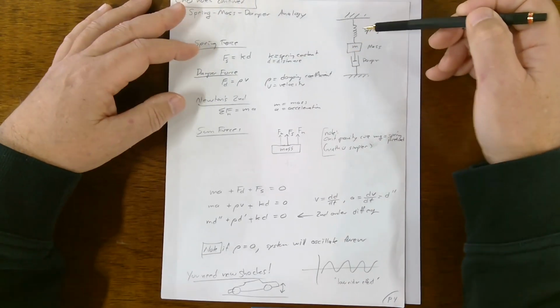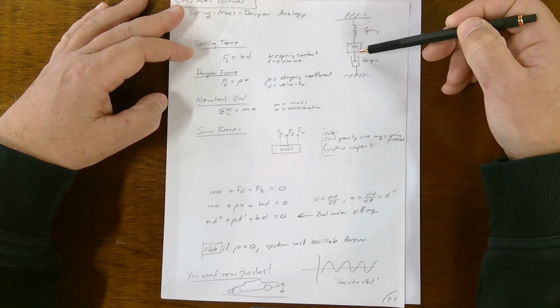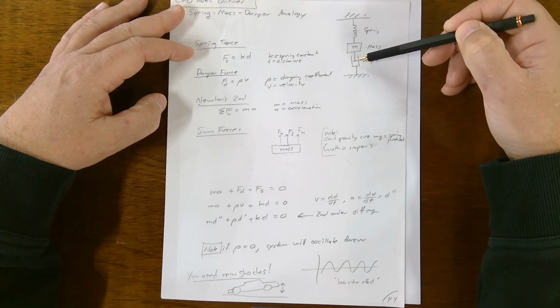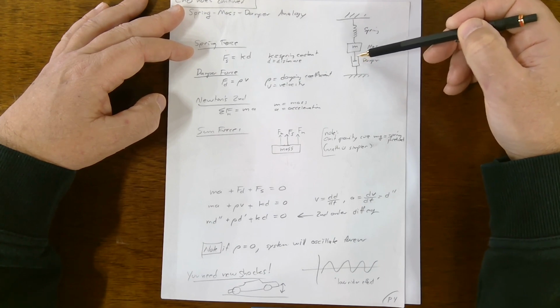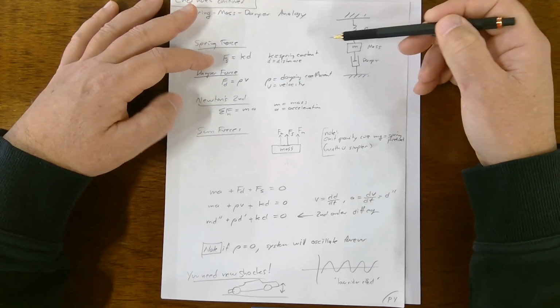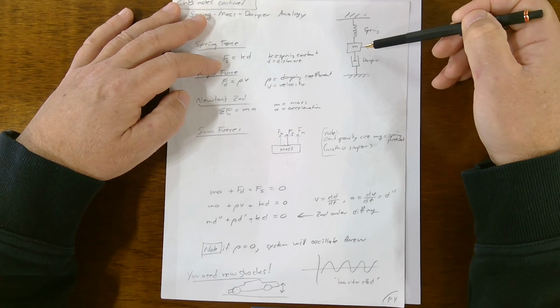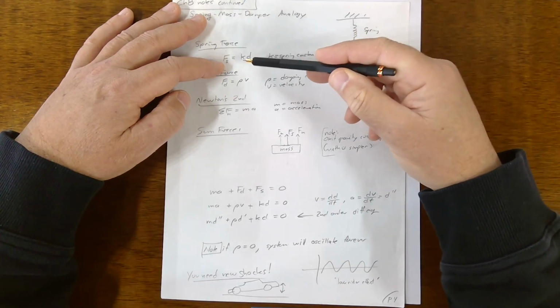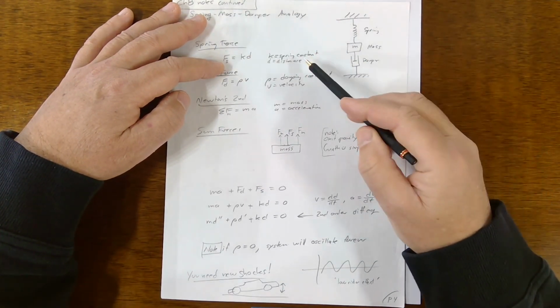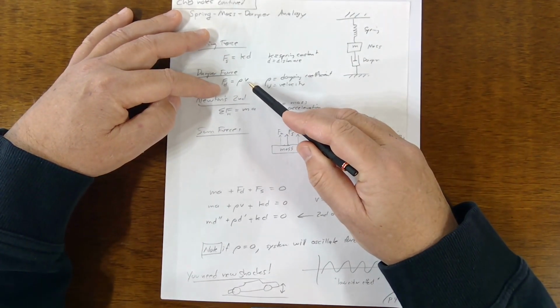So just go through this thing real quick. If you took a mass and hung it from a spring, and then took this piston cylinder thing with a fluid in here, you would end up with a spring mass damper system, where the forces on this thing when you try and move it are going to be the spring force, which is proportional to the distance, and the damper force, which is proportional to the velocity, right?